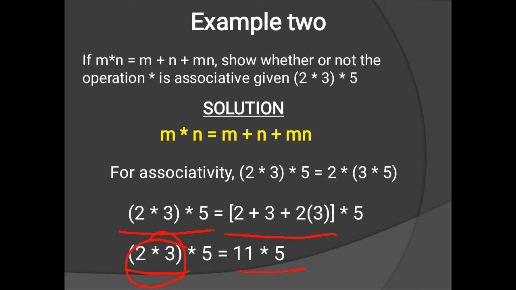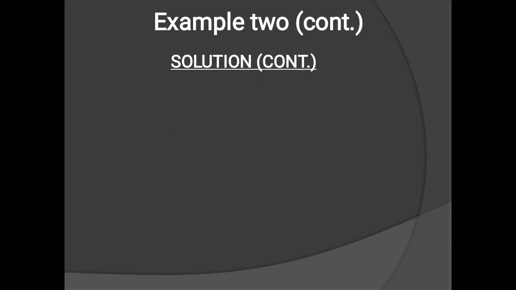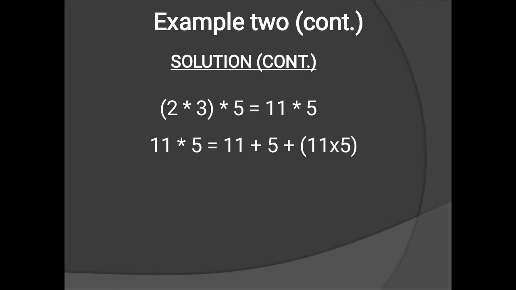We have got 11 for what is in the parentheses. So now it's going to be 11 operation 5. Still using the same definition, the same rule: first one 11 plus second one 5 plus first one times second one, 11 times 5. 11 times 5 is 55.